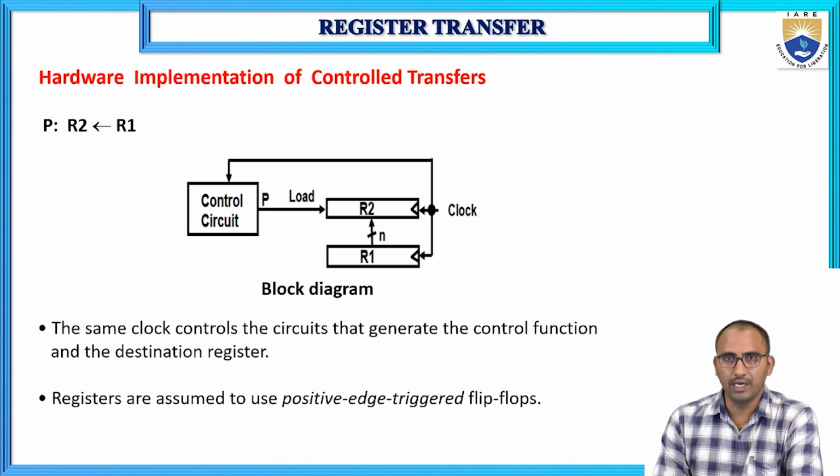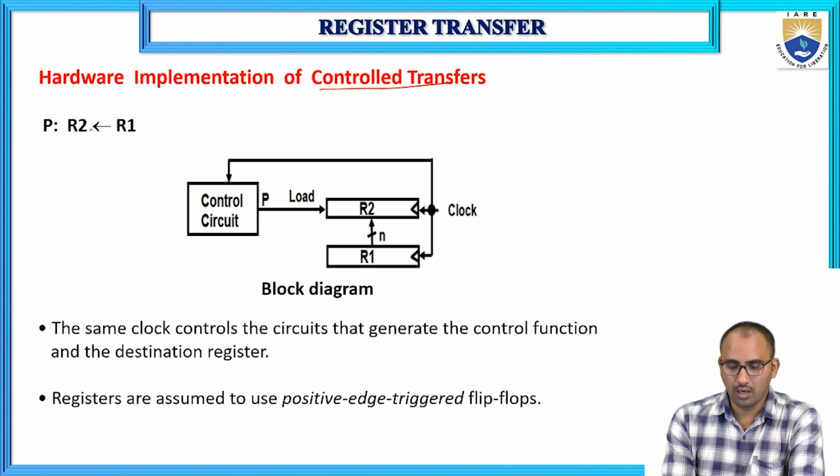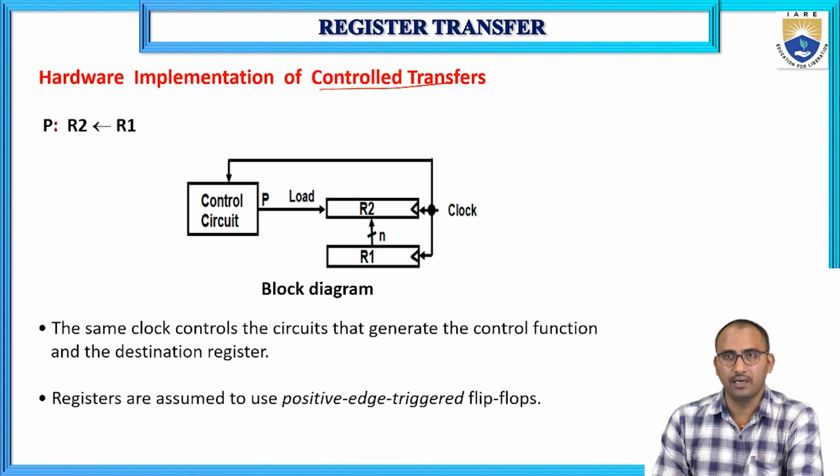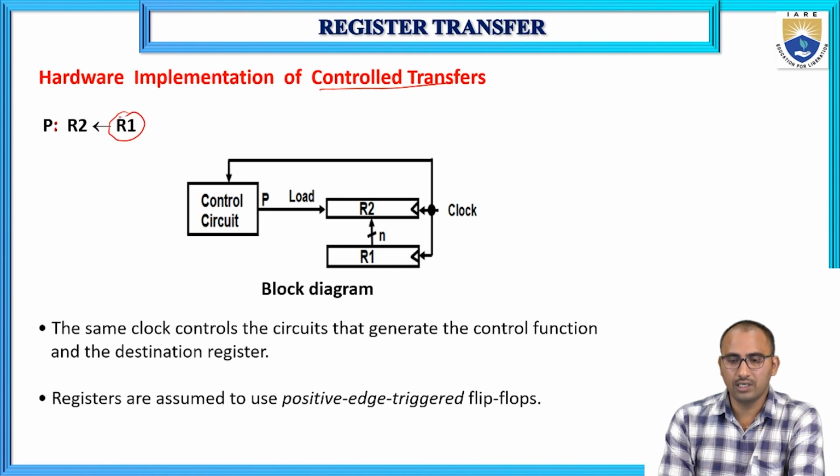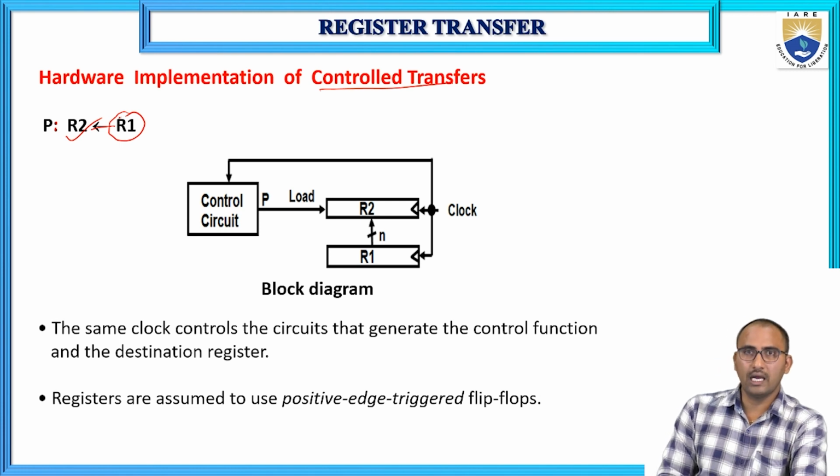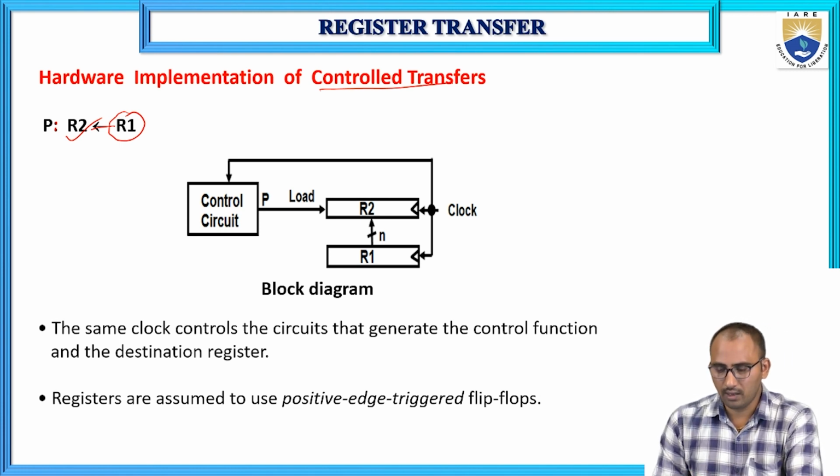Next, hardware implementation of controlled transfers. We have already seen P colon R2 left arrow R1. This colon acts as an if statement in a programming language. So if P is equal to 1, then only the contents of the R1 register will be transferred to the R2 register. You can understand this with a hardware block diagram.